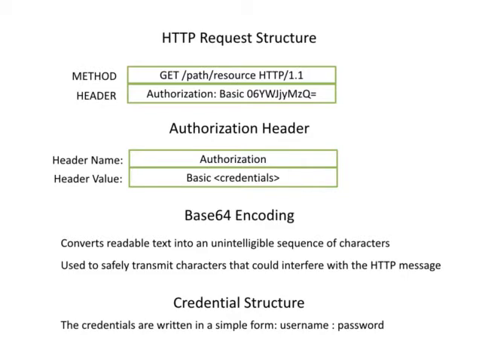The base64 encoding essentially converts readable text into an unintelligible sequence of characters. The primary use of this base64 encoding is to safely transmit characters in the HTTP protocol that could potentially interfere with the HTTP message itself.